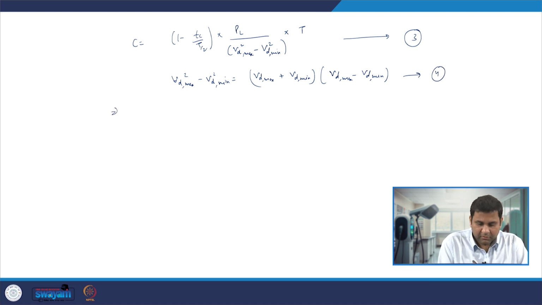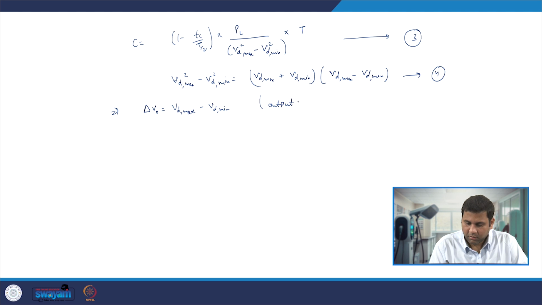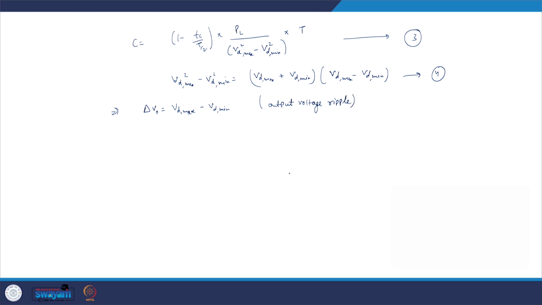Further, we can also define a term delta V naught, which is the voltage ripple on the output voltage, delta V naught equals VD max minus VD min. This is nothing but the output voltage ripple, or the ripple on the DC output voltage.